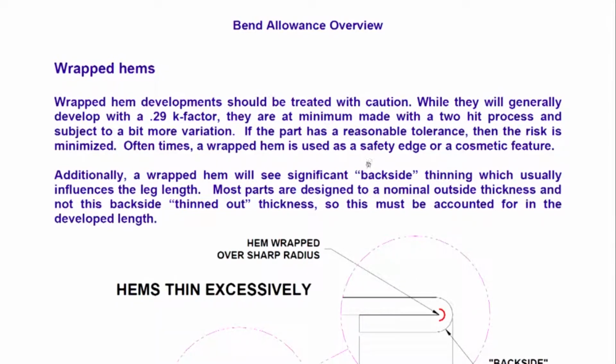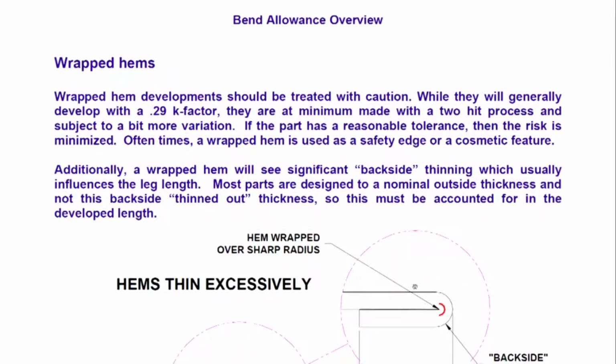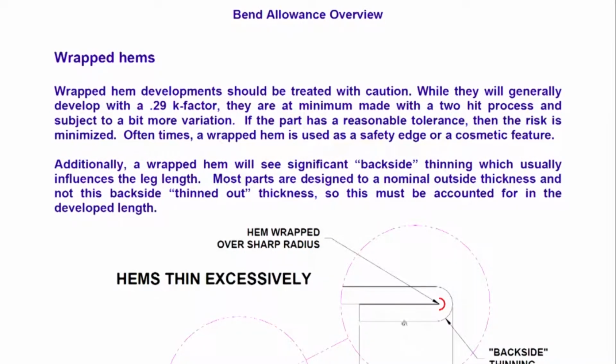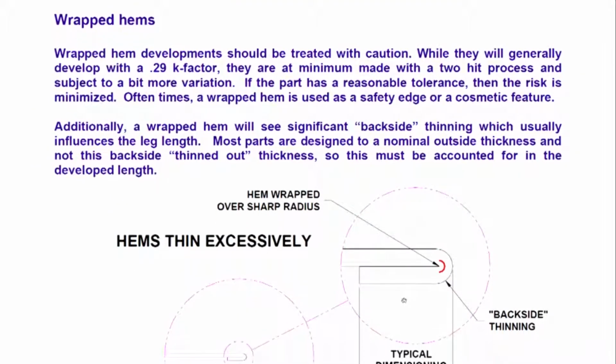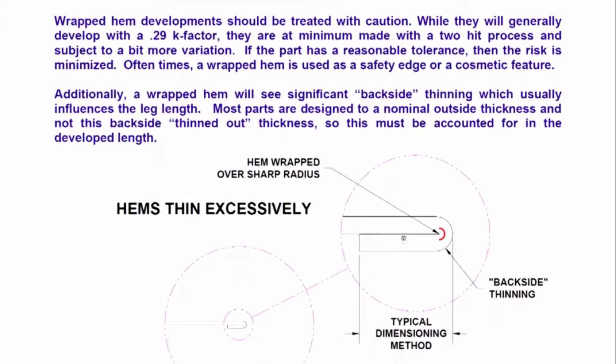A wrapped hem will see a significant backside thinning, which usually influences the leg length. If something is fully closed like this, even the details about how much of this extra length is required for a given development length matter.